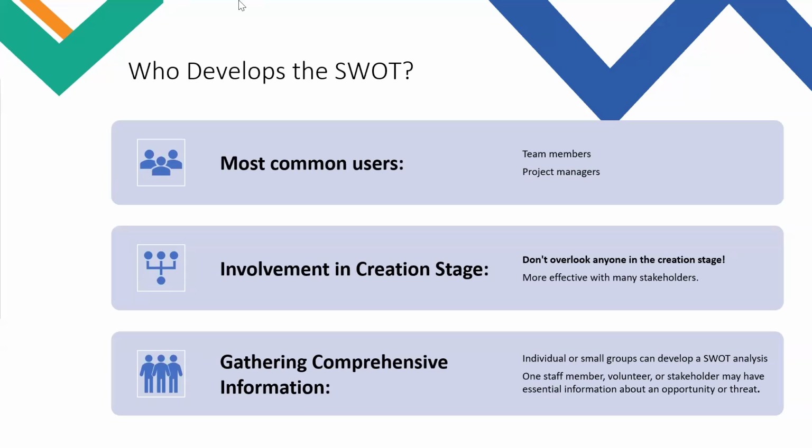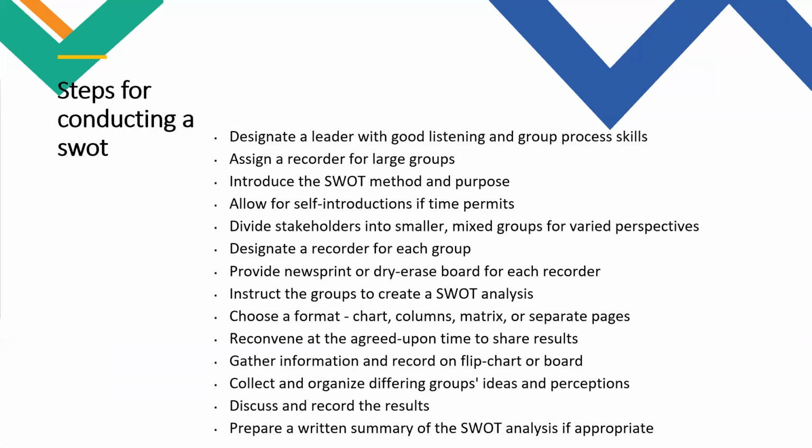So we just talked about who develops a SWOT. How do we actually conduct a SWOT analysis? Well, different people do it different ways. I've been in several companies and we've done it several different ways, but generally it's done at retreats, where the outside noise is not around, so everybody's together on one accord.